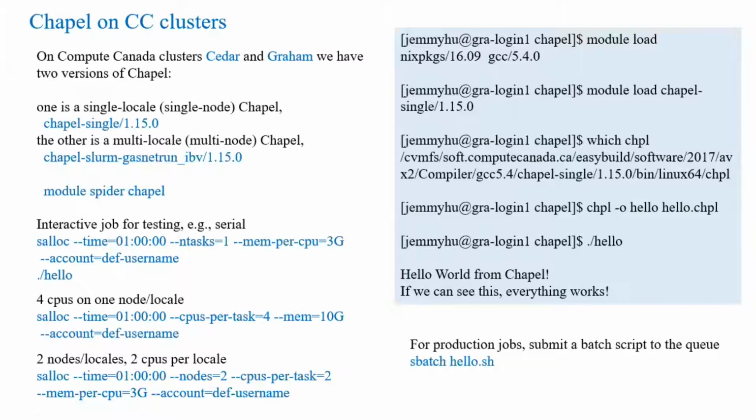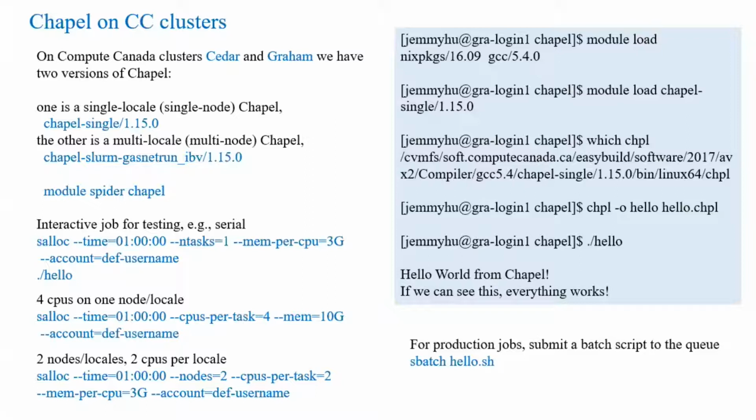And then I can spend a little bit of time to explain what is available on our clusters, on Compute Canada clusters. The same version and similar structure are on the clusters Theta and Graham. There are two different versions here, because of the launcher of Chapel.